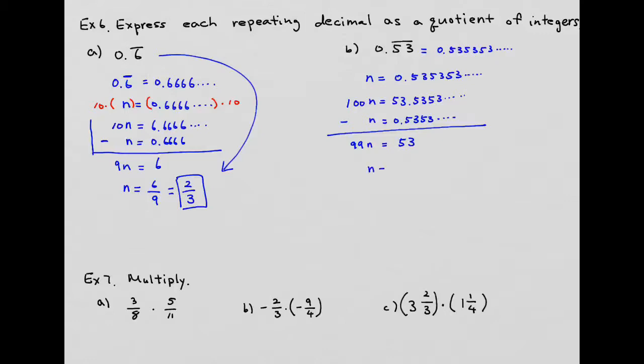So my n will be 53 over 99. And since I cannot reduce that fraction, that number is going to be the fraction form of your decimal value.